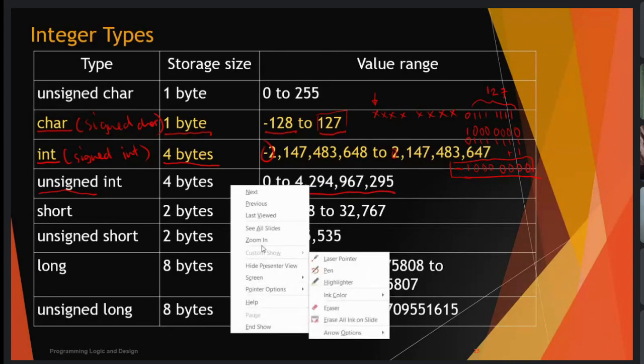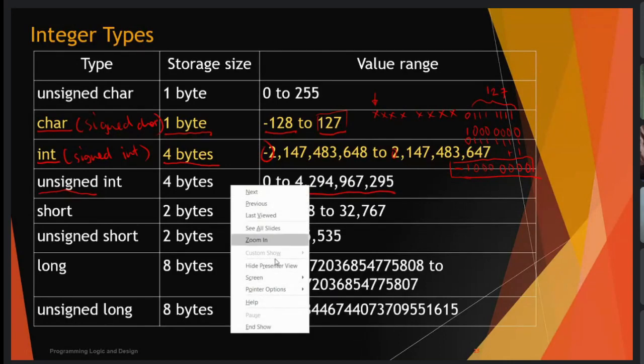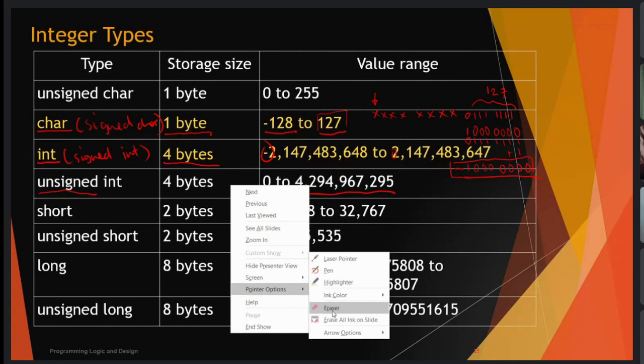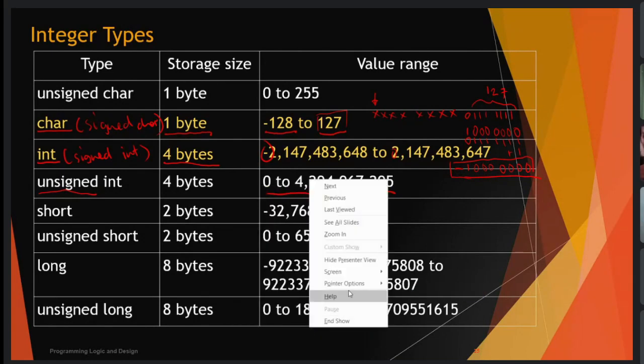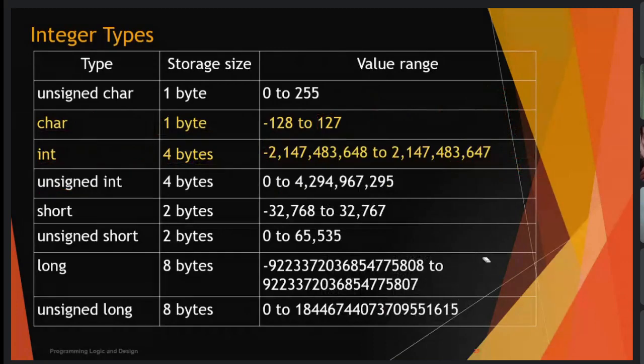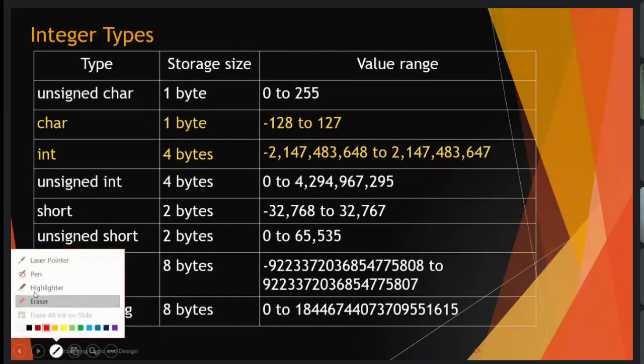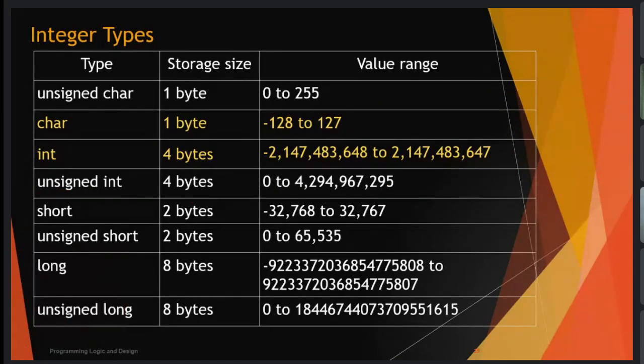Ang concept ana niya guys is something like this. Imagine when you talk about bytes, di ba? It is a storage on your memory. And when you say storage, ang capacity niya to store values. So if let's say this is the positive range, this is the negative range, and this is the 0 nga value.